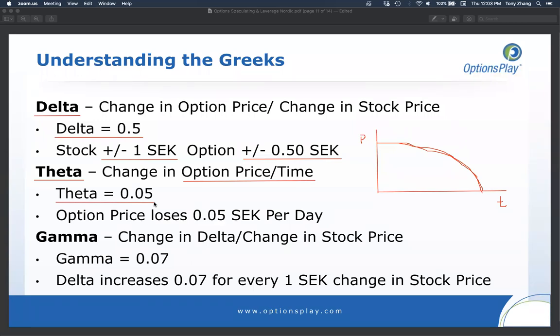You have to factor in that the option increased by half a crown, and also that it lost 0.05 crowns per day, so 0.35 crowns over the next week. You made half a crown on the delta, but lost 0.35 crowns on time. So your net is you're up about 0.15 crowns.